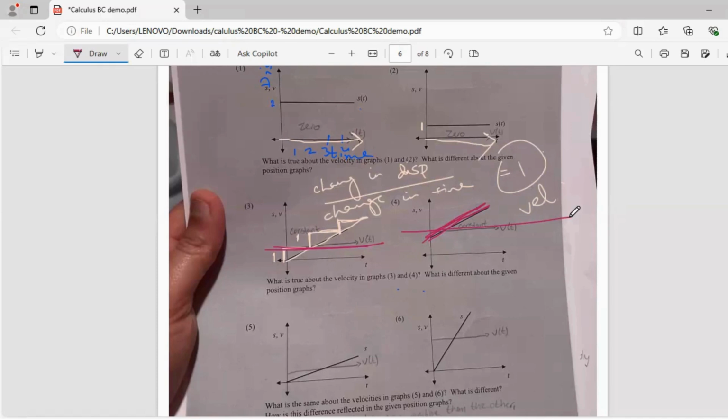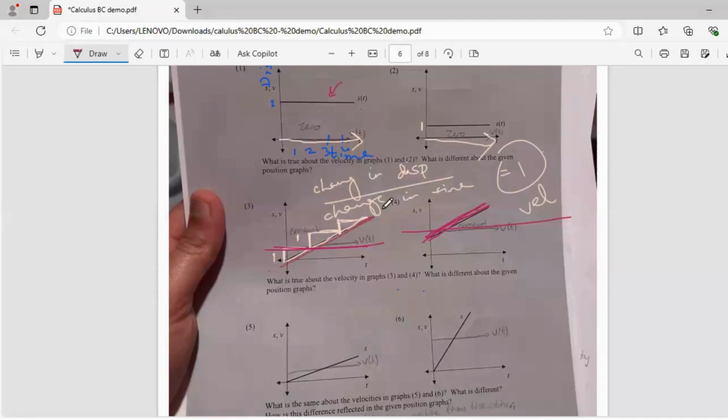So what we're trying to say is velocity is the rate at which the displacement is changing, the change in displacement. So the rate at which displacement is changing is 0, therefore velocity is 0. When I said straight line here, I meant horizontal line.